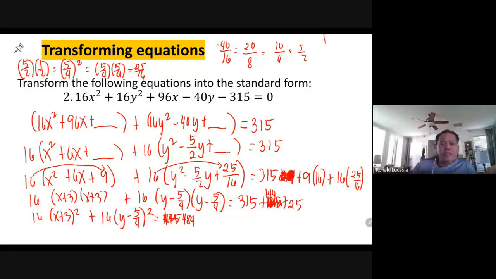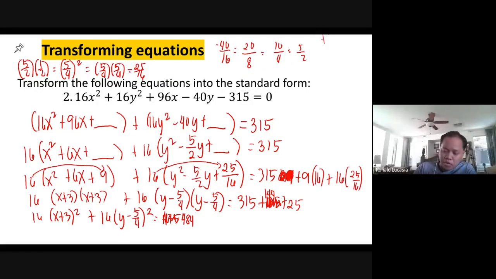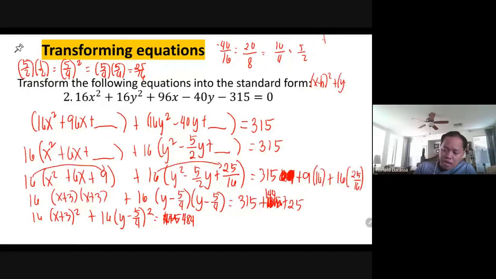Now, remember the standard form equation of the circle. It must be expressed in x minus h quantity squared plus y minus k quantity squared is equal to r squared. So we'll have to eliminate the 16, kasi wala tayong 16 doon sa form natin. To eliminate that, you'll have to divide each of the terms by 16.